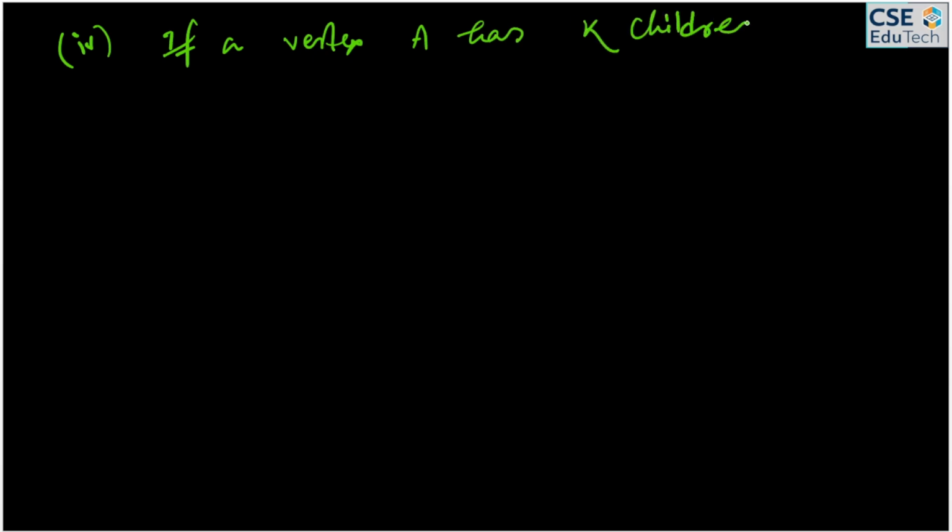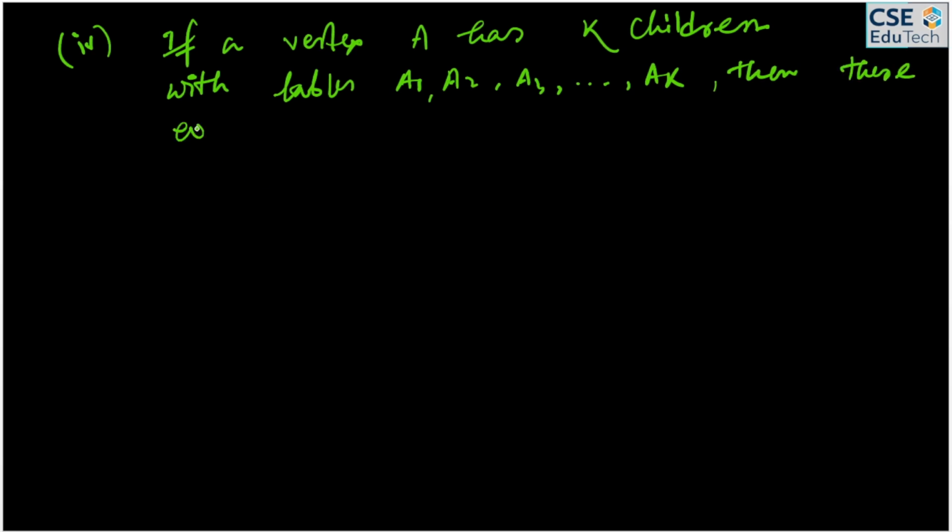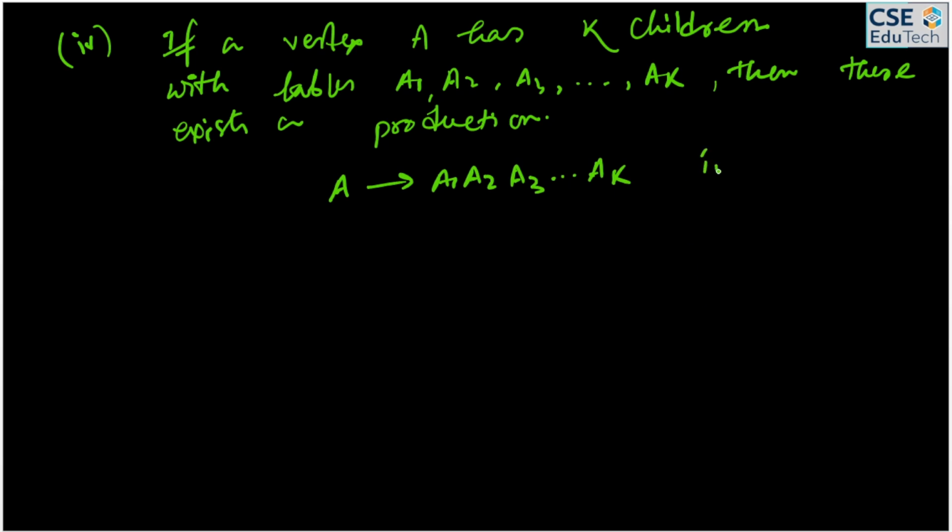Now, fourth characteristic: if a vertex A has k children with labels A1, A2, A3, up to Ak, then there exists a production of the form A to A1 A2 A3 ... Ak in the context-free grammar.